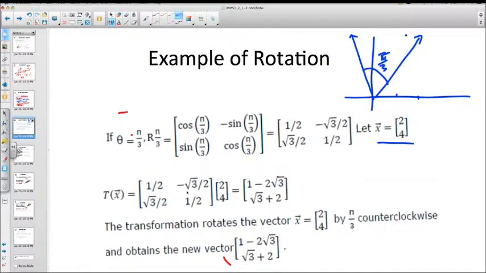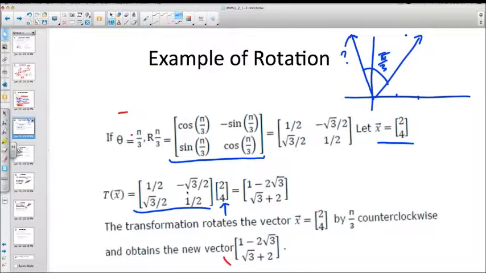So what are the coordinates of this new one? Well, if you use Euclidean geometry, it's quite a challenge. But now you've learned, all I need is to multiply this matrix by this vector, and even if you do it by hand, it's a few seconds of work.